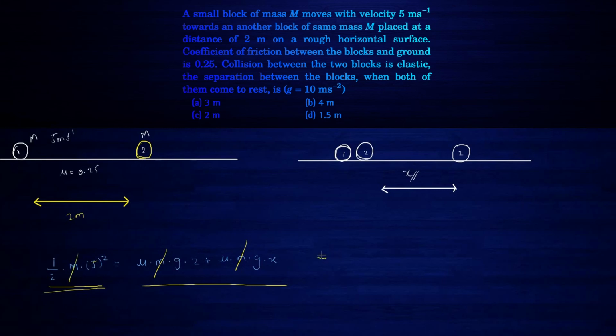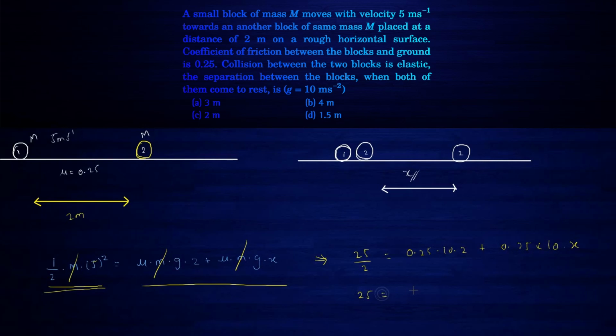So this implies 25 by 2 equals 0.25 into 10 into 2 plus 0.25 into 10 into x.